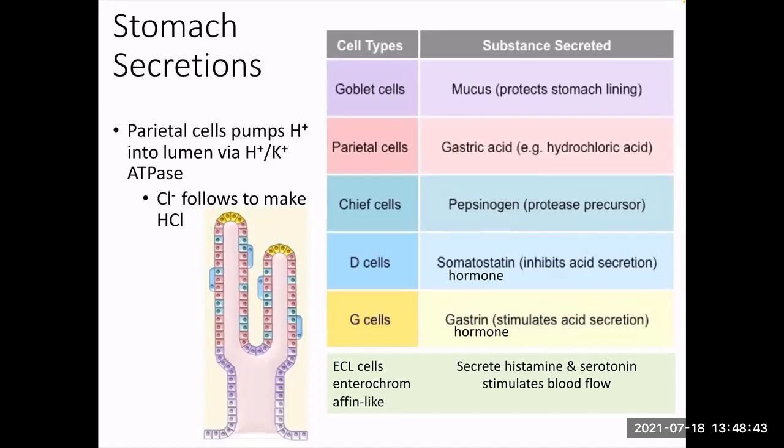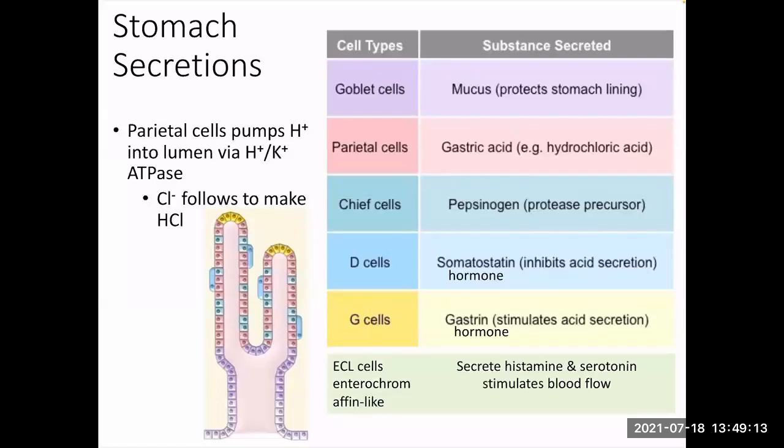So the pump that's pumping the hydrogen into the stomach is a hydrogen potassium pump. This is an active transport, takes ATP, but the chloride will diffuse passively. That is how you make your acidic gastric juice, right? The hydrochloric acid.